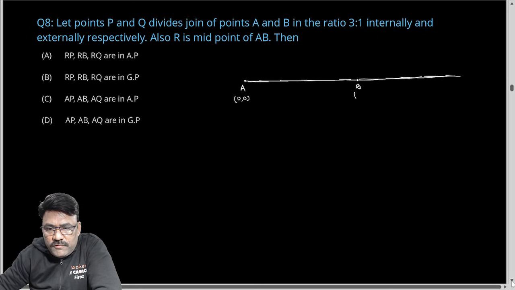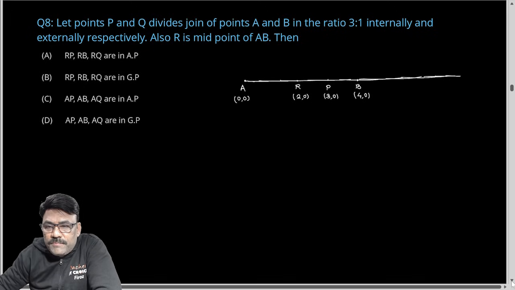So this point will be (4, 0). R is the middle point of AB. So R will be (2, 0). P is dividing AB internally in the ratio 3:1. So P will be (3, 0). 3:1 means AP length is 3, PB length is 1.